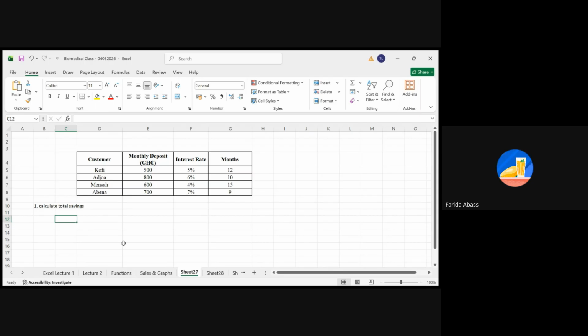Madam, please, I have a question. The total savings, is it the total savings for each customer or the total savings of all the customers? I gave you the answer. I told you that if you want to find the total savings, if you have 5 customers and they all buy something from you, and you want to find the total of how much they have bought, what will you do?